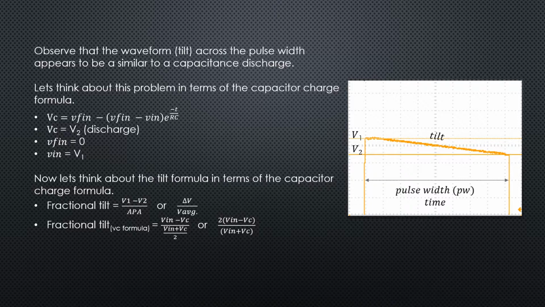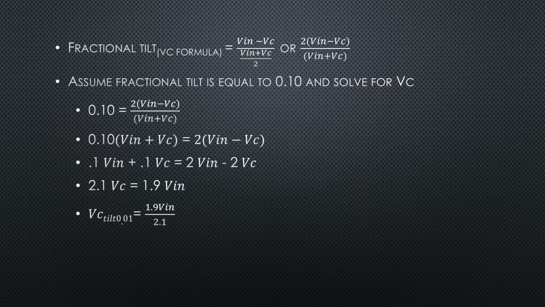Then we can simplify that as 2 times the quantity V initial minus VC divided by V initial plus VC.